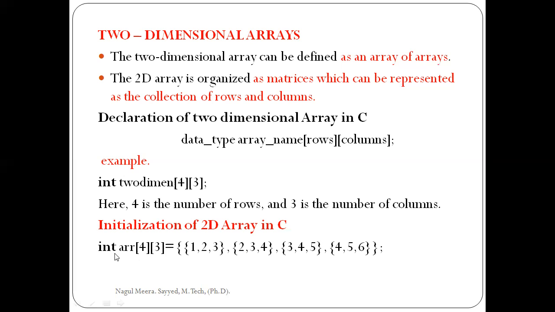So data type int, arr is my array name. 4, 3 here: this is one subscript for rows, this is another subscript for columns. So 4 rows and 3 columns means this is my first row, second row, third row, fourth row. In this way we are initializing two-dimensional arrays.